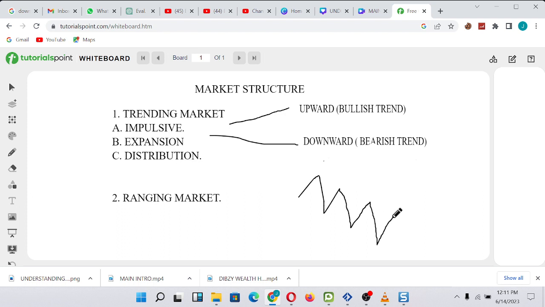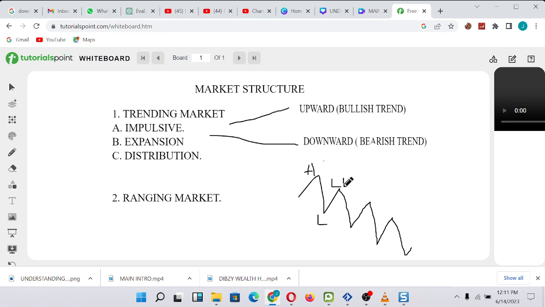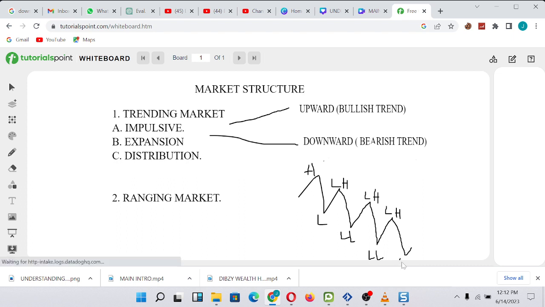So for our bearish, this is a high, this is a low, this is a lower high, this is a lower low, this is a lower high, this is a lower low, this is a lower high, sorry, this is a lower low.